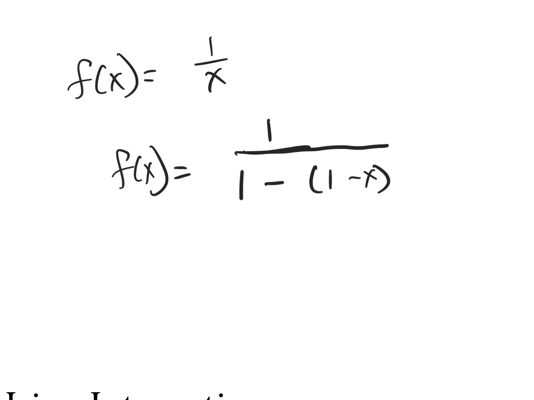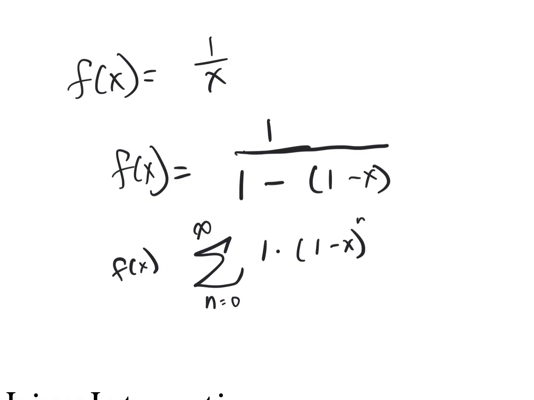Okay. And so finding my power series from this so I can get it into that geometric form. So now I can say that f of x is equal to the sum from n equals 0 to infinity of 1 times 1 minus x to the n power. We still feeling okay with this?